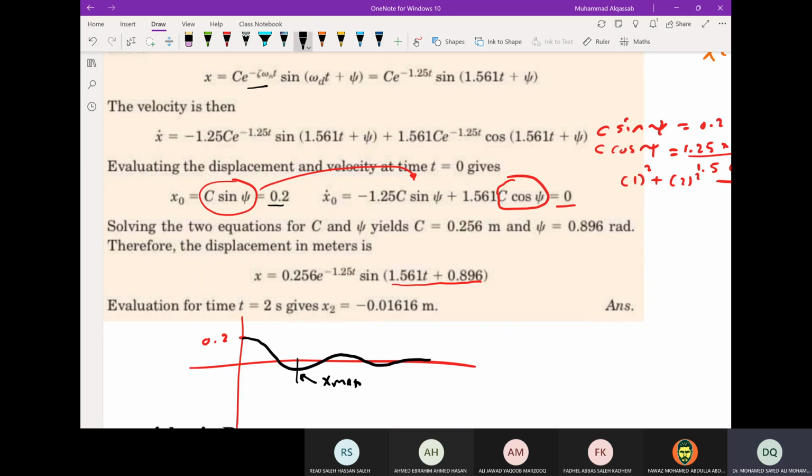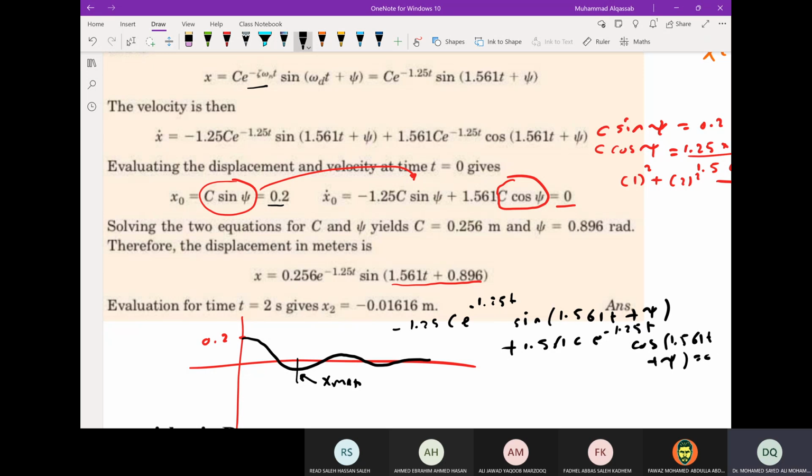You take minus 1.25 c e to the power minus 1.25 t sine of 1.561 t plus psi, plus 1.561 c e to the power minus 1.25 t cosine of 1.561 t plus psi, equal to 0.